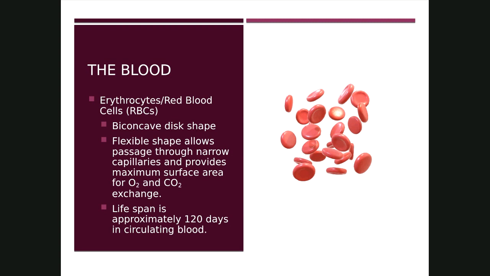Erythrocytes, red blood cells. Their biconcave disc shape, a flexible shape, allows passage through narrow capillaries and provides maximum surface area for O2 and CO2 exchange. Lifespan is approximately 120 days in the circulating blood.